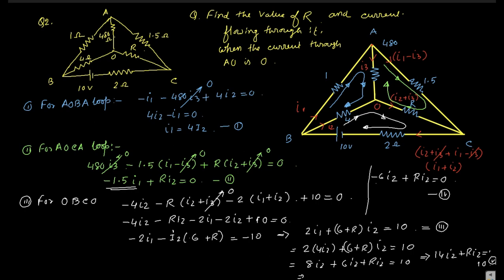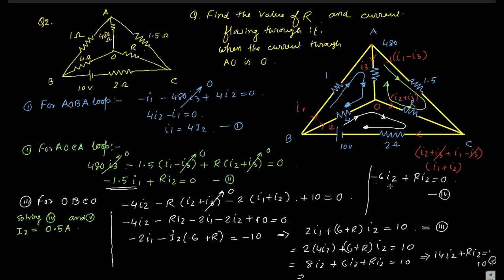Okay, so solving equations 4 and 5, there is a shortage of place, so solving 4 and 5, we get I2 is equal to 0.5 ampere. So I2 is equal to 0.5 ampere, and if we put I2 in any of these equations, 6 into 0.5 is equal to 3.